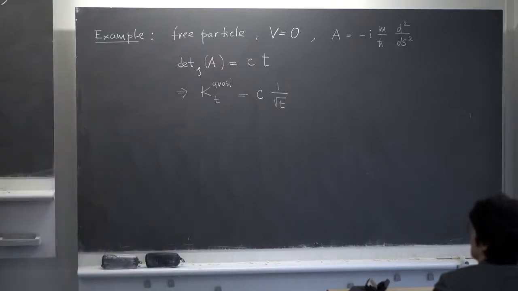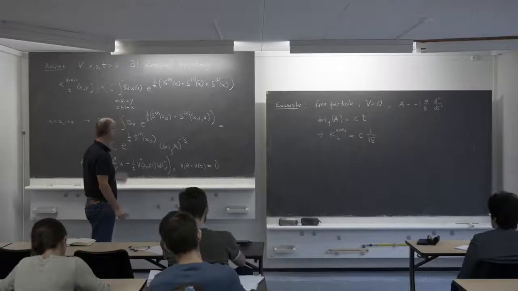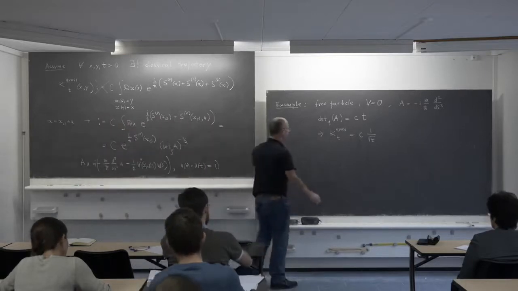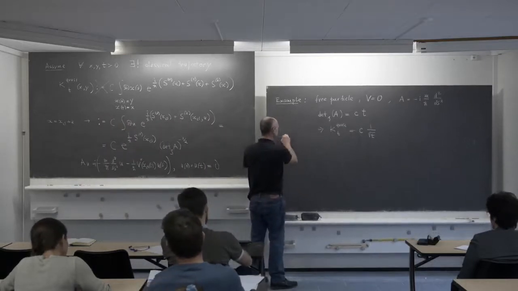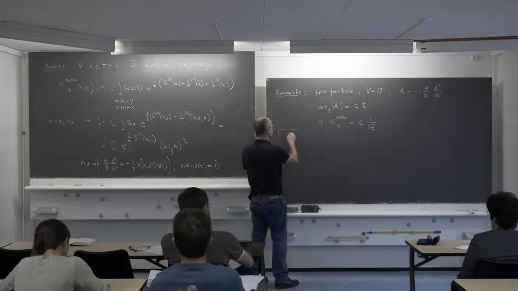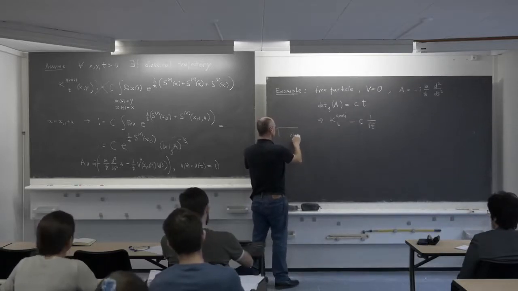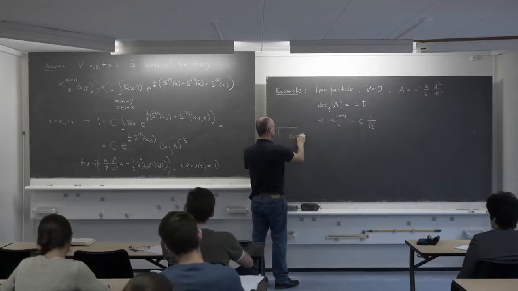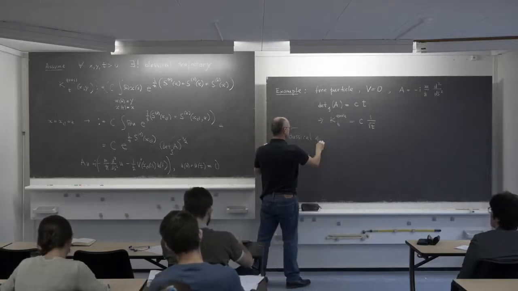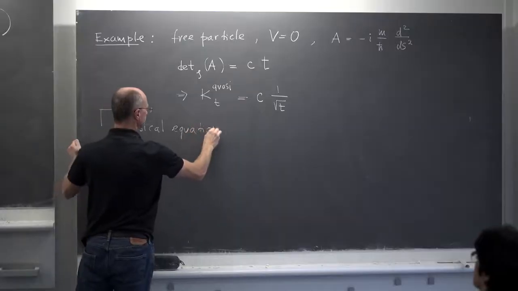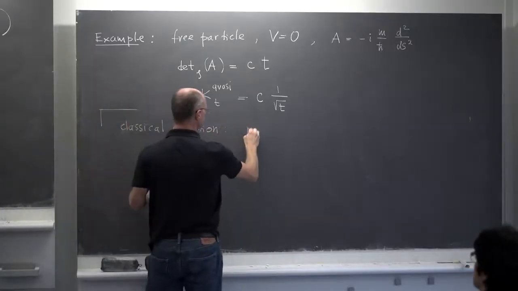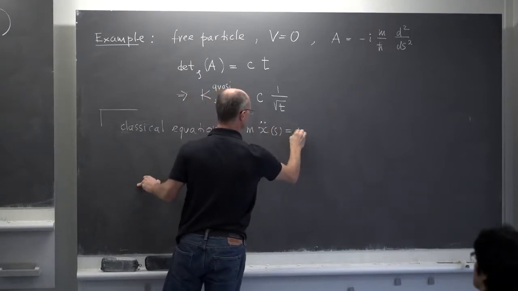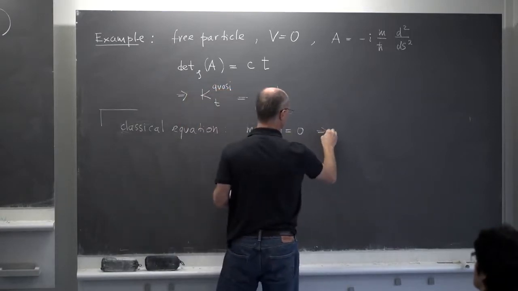And now let's compute what happens with S naught of x classical. Now the classical equation of motion for the free particle is simply m x double dot of s equal to 0.